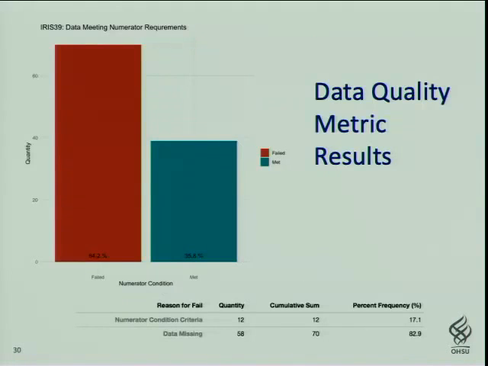So when looking at the actual metric itself, a vast majority of the patients failed compared to the ones that met the criteria. But this failure is not actually representative of the data, because a majority of the patients who failed, almost 83%, only failed because they didn't have proper data. That's because this field is so specific, requiring pre-treatment IOPs, diagnosis, and procedure codes, as well as a visual acuity reading for that IOP on that eye that was measured 3 to 4 months after the surgery.